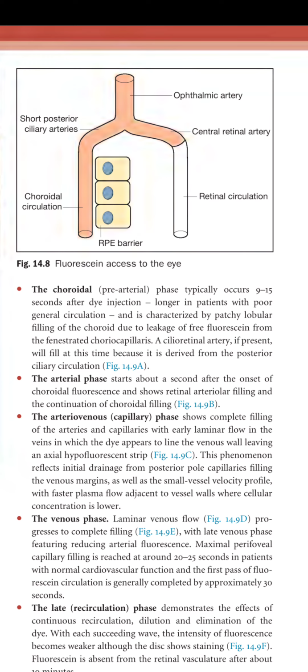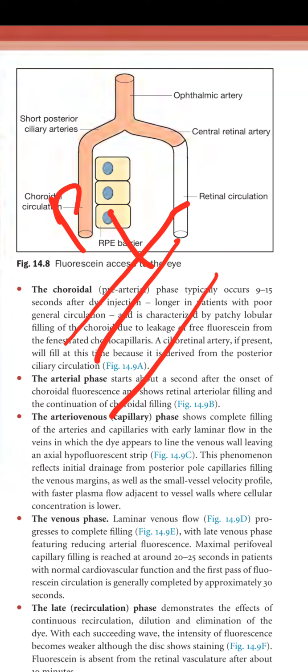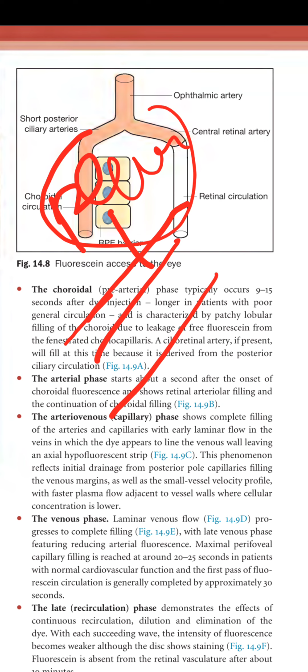This phenomenon reflects the initial drainage from the posterior pole capillaries filling the venous margin, as well as the small vessel velocity profile, with faster plasma flow adjacent to the vessel wall where the circulating cellular concentration is lower. Because the peripheral plasma flow is faster, it appears that the lamina is fluorescent.